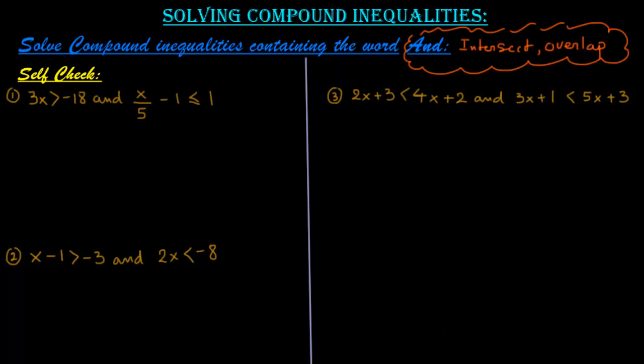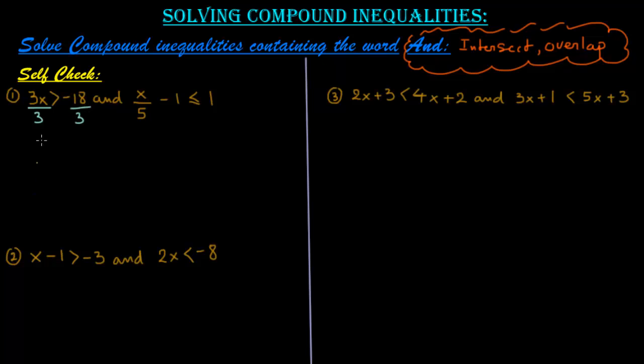I believe you have your answer already. Let's go over the 3 problems to see if we have the same answers. Problem 1: we have 3x greater than negative 18 and x divided by 5 minus 1 less than or equal to 1. We're going to solve the first inequality first. I'm going to divide both sides by 3.